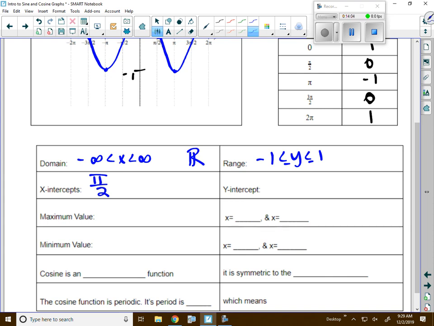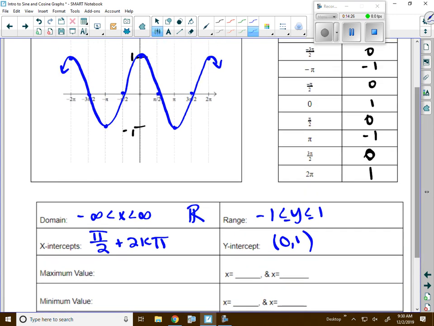So then we're going to add 2k pi each time to get to the next one. Okay, what's our y-intercept? Different than sine. 0, 1. If you look at our y-intercept here, it's that 1 up there.